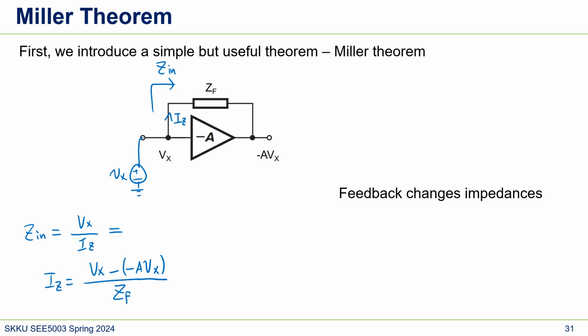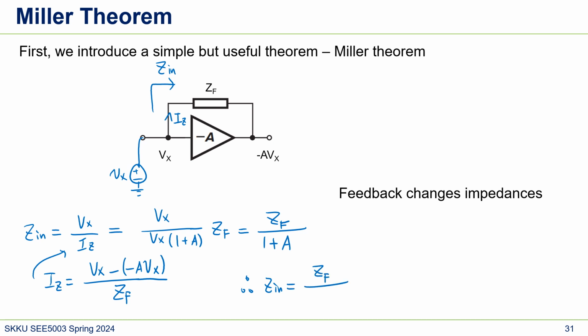If we substitute, it's Vx times 1 plus A, and then ZF. So ZF is basically reduced by gain A, right? So Z in is ZF over 1 plus A.